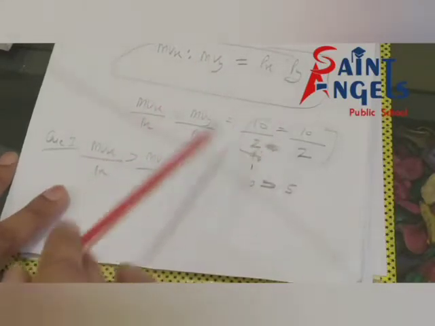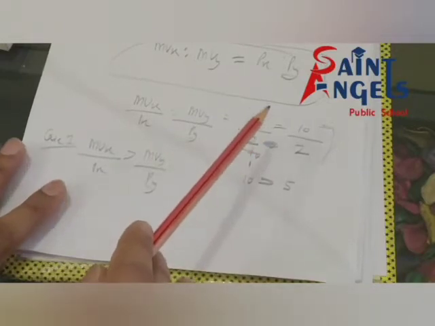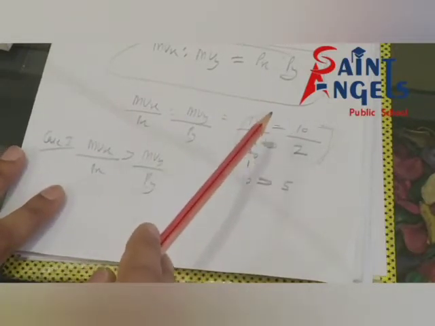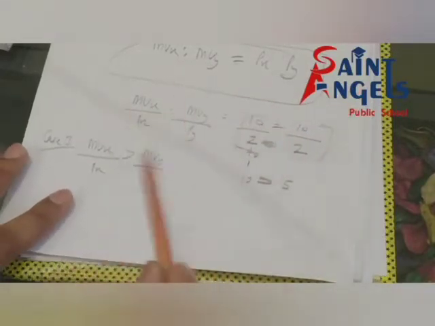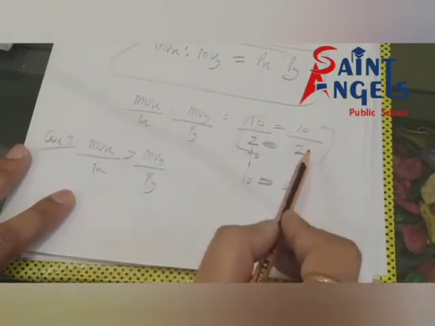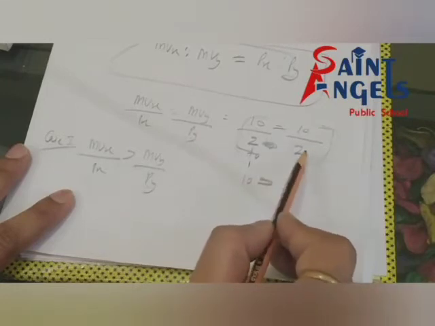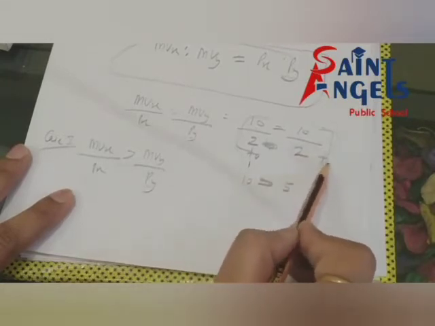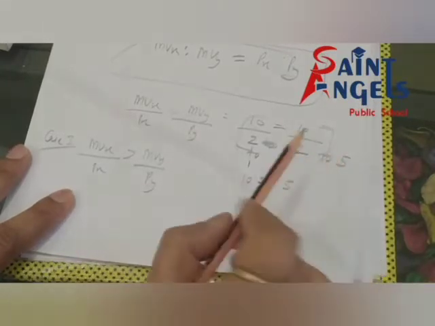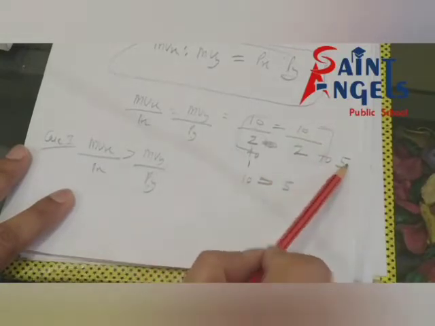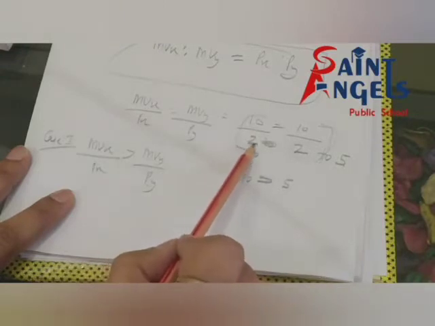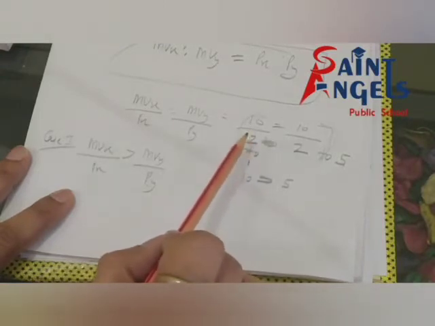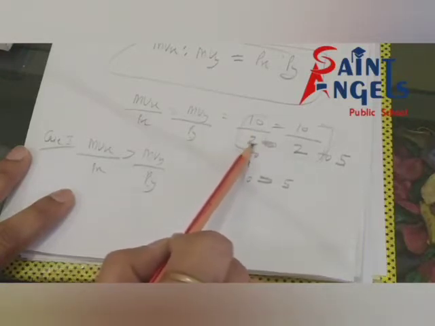Or we can say, let's take another condition. Suppose the price of good Y increases from rupee 2 to rupee 5, but the price of good X remains constant.